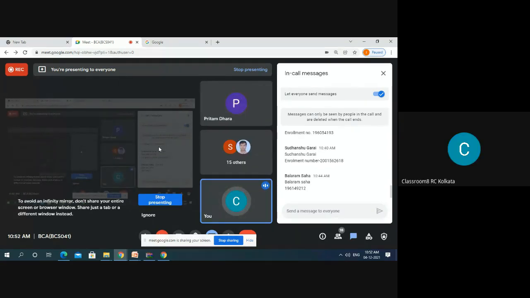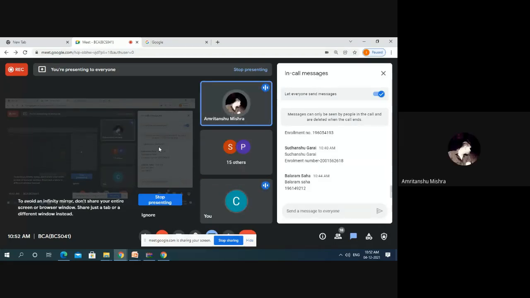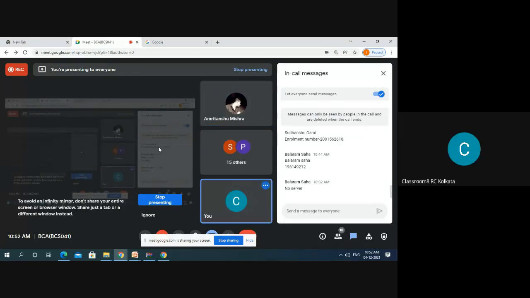Actually, peer-to-peer means no control, no administrator. Anyone can share anyone's data. But in this system, data can be leaked. Yes, sometimes it is possible if security is not very good.